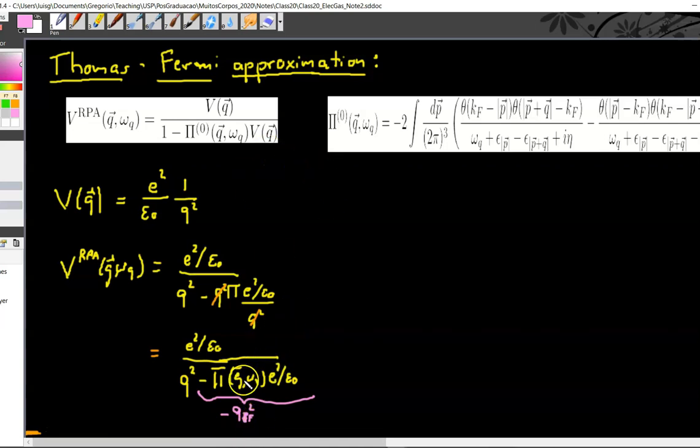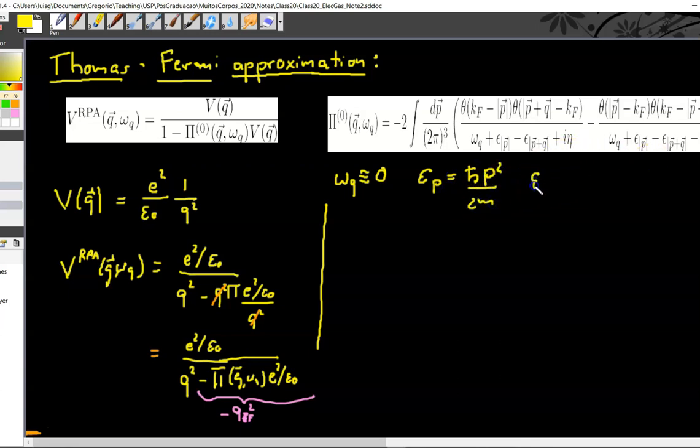Okay, so let's do a quick evaluation of this for omega Q around 0. Then what are these energies here? I have E_P equals h-bar P squared over 2m.